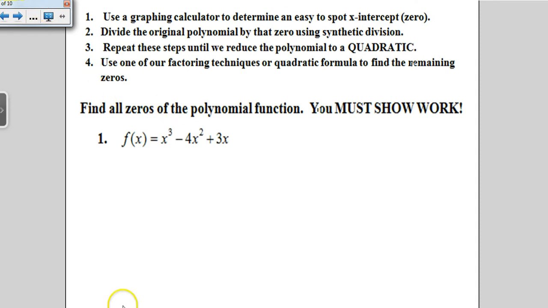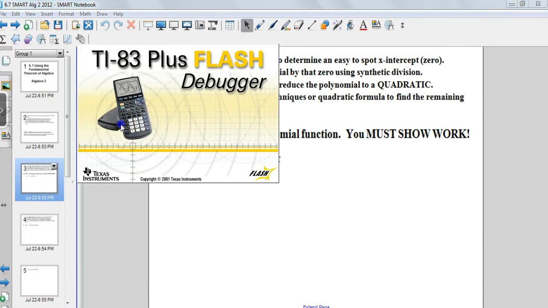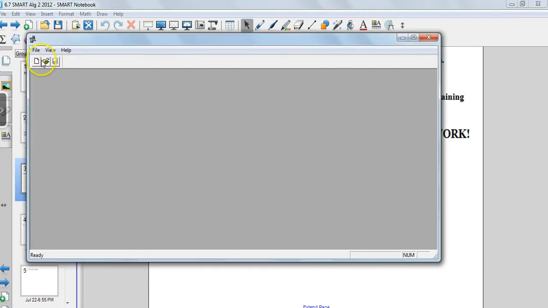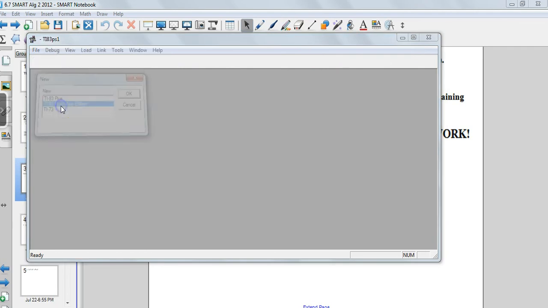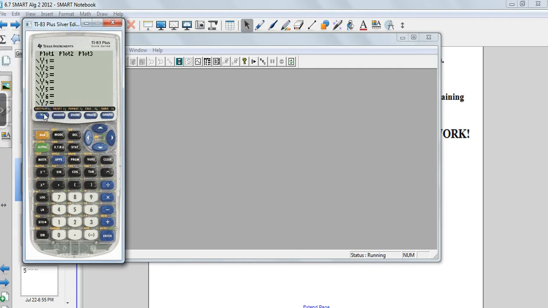First, we need to take our function and grab our calculator and go ahead and type it into y equals and then look at the graph. So go to y equals and type in x to the 3rd power minus 4x squared plus 3x.